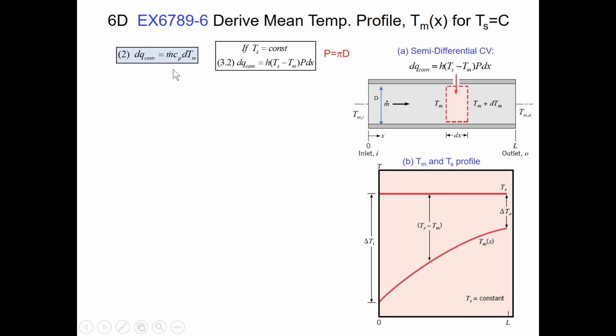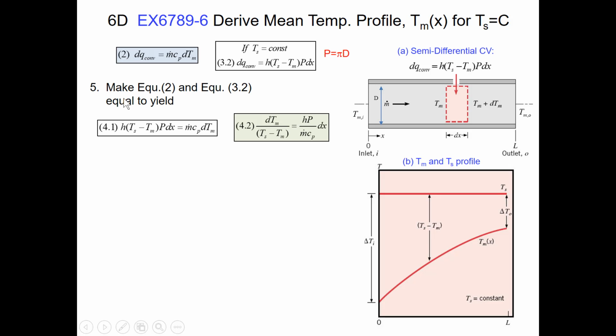From the previous slide, we have equation 2 and equation 3.2. 5. We make equation 2 and 3.2 equal to yield equation 4.1, and then separate variables dTm and dx.